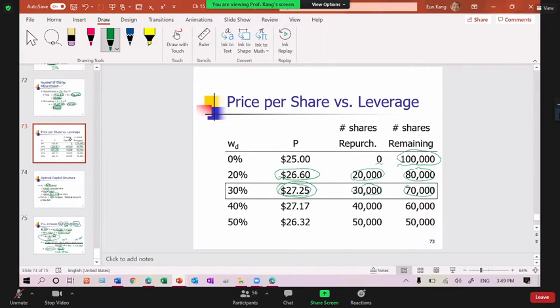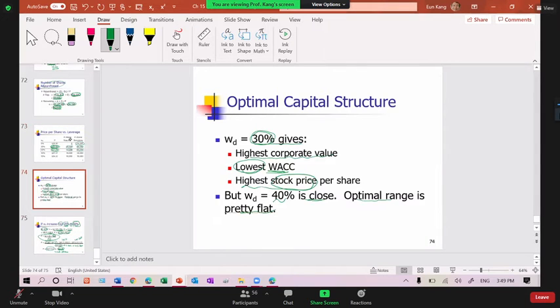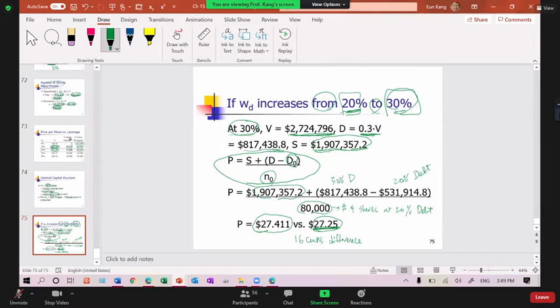So the company was able to buy stocks at a lower price, maybe 65 cents less per share. That's a lot, right? That's why if you recapitalize from 20 to 30, your stock price is higher than from 0 to 30 directly.